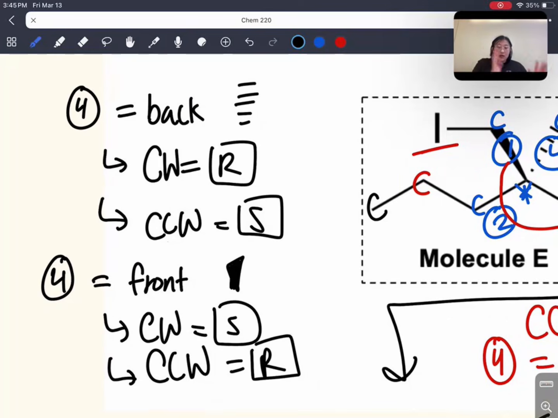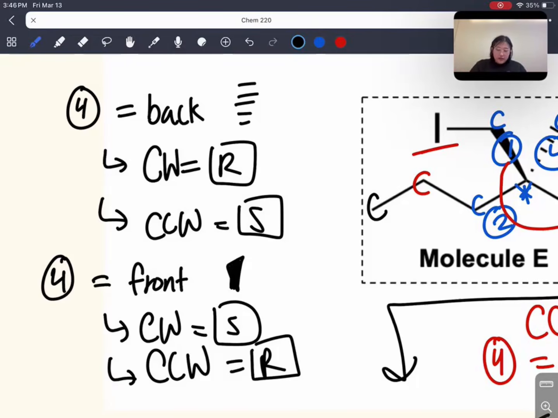So if we're going clockwise, we're going to the right direction, and right starts with the letter R, therefore the chirality will be R. Counterclockwise, the opposite direction, would be the other letter, S. Then if my lowest substituent is in the front, on a wedge, normally clockwise would be an R, but since my lowest substituent is in the front, which is wrong, I flip the letter. So it's actually an S. That's how you assign chirality.